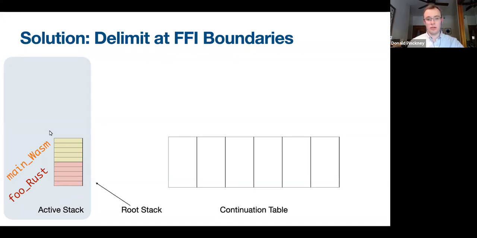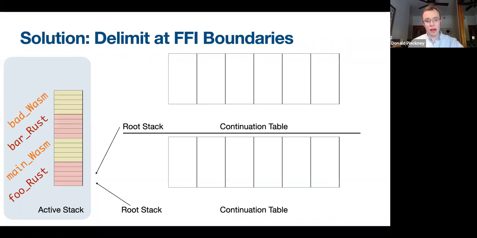And the other trick is that when we do another call into FFI, when we cross this FFI boundary, we're implicitly forcing a prompt instruction to run. When you run a prompt instruction, we are keeping a stack of continuation tables and these root stack pointers. So this is now a stack, and we push on top of the stack a whole new continuation table and root stack pointer. And this new root stack pointer will also point to the currently active stack.